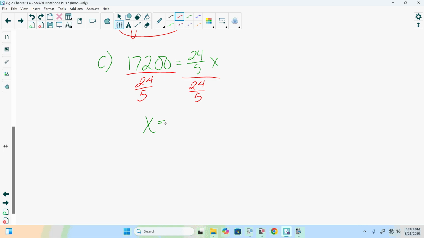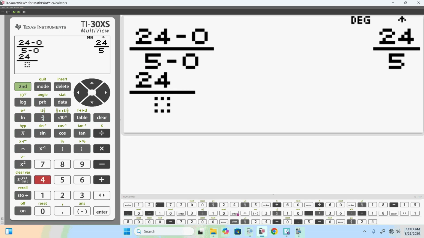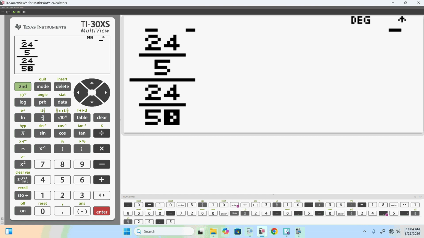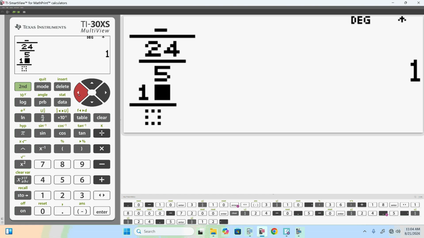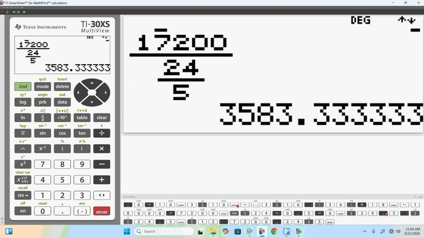Anything divided by itself is what? 1. 24 fifths over 24 fifths is 1. Anything divided by itself is 1. But we also need to do 17,200 divided by 24 fifths, which is 3,583.3 repeated.